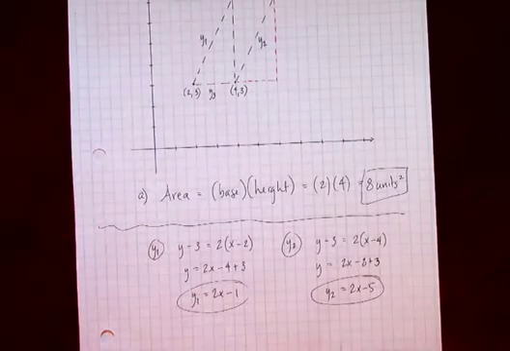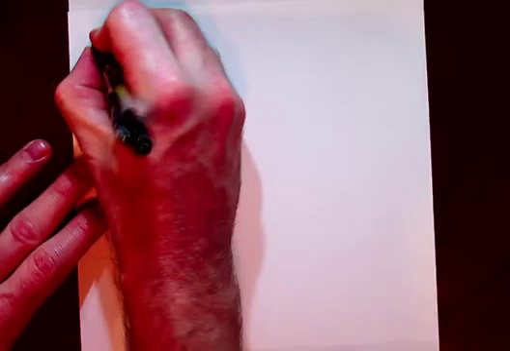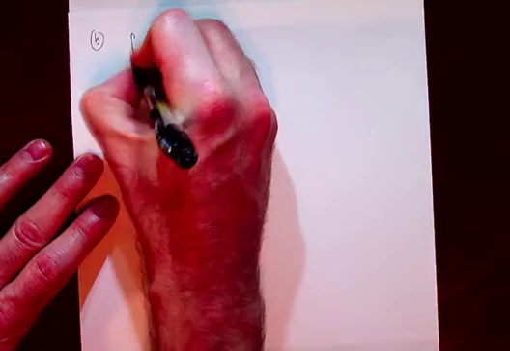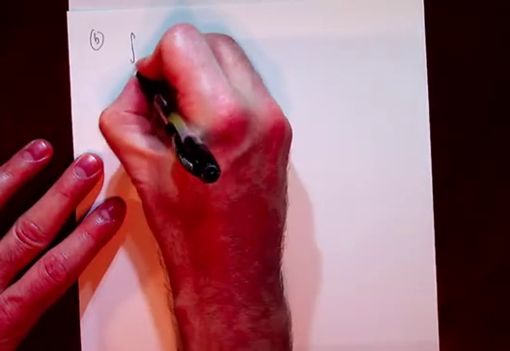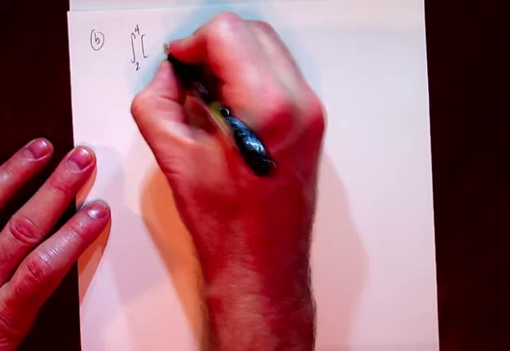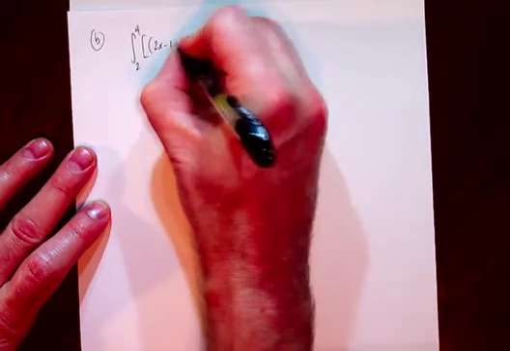Let's go ahead and do this integration. Now, part b, let's go ahead and set it up. Like I said, from 2 to 4 needs to be y1 minus y3. So my y1, like I just figured out, is 2x minus 1.